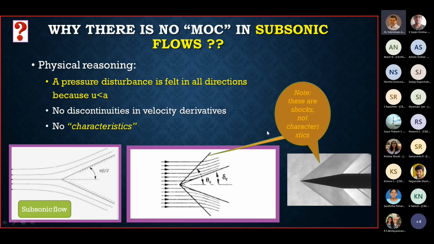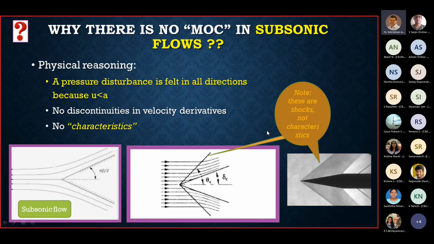Just recall that when we say a characteristic, it's a line across which the velocity derivative, partial du by dx, is indeterminate, discontinuous, not u but the derivative of it. Now that is quite natural to have in supersonic and hypersonic flows, the velocity gradient being discontinuous.